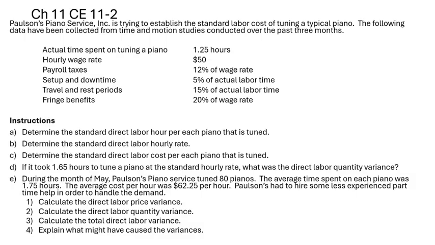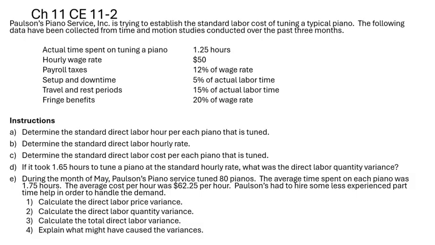We need to determine the standard labor hour per each piano that is tuned. So what is our standard that we're going to set to say we need to complete the tuning in a certain amount of time? We'll determine the standard direct labor hourly rate. So what's the rate for that? And then determine the standard direct labor cost per each piano that is tuned.